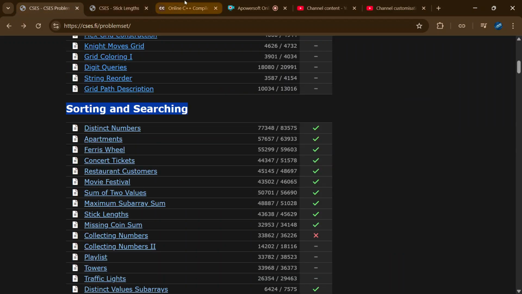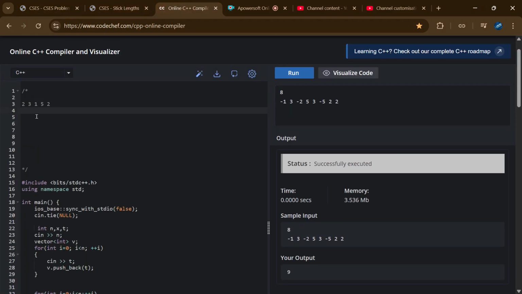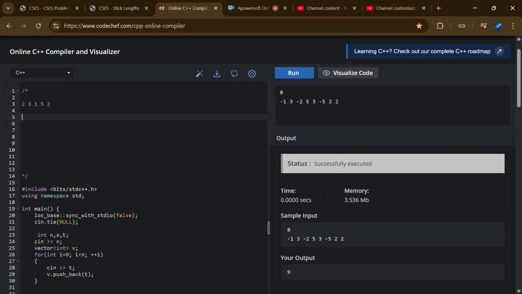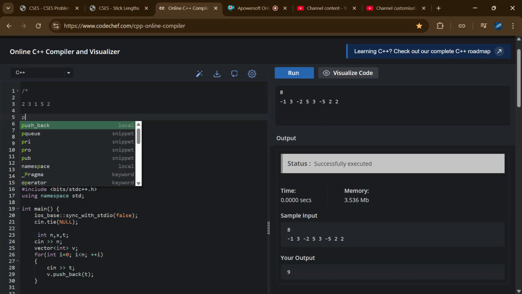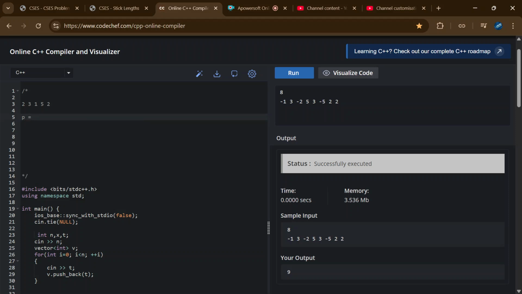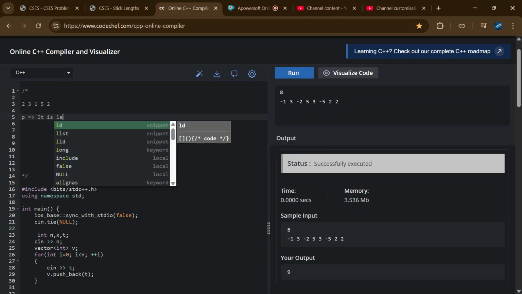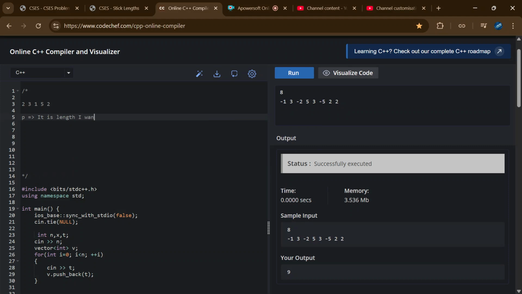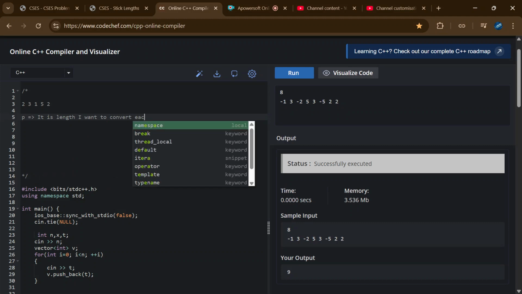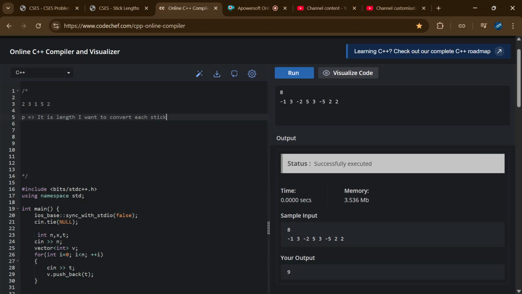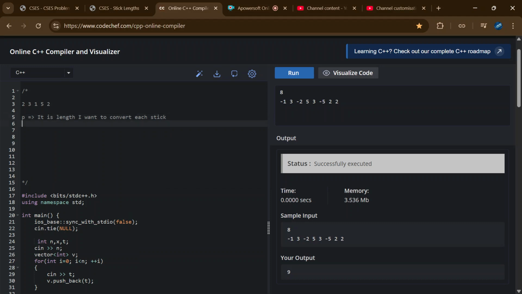Suppose we take any random number p. This is the length I want to convert each stick to. So what will be the total cost?